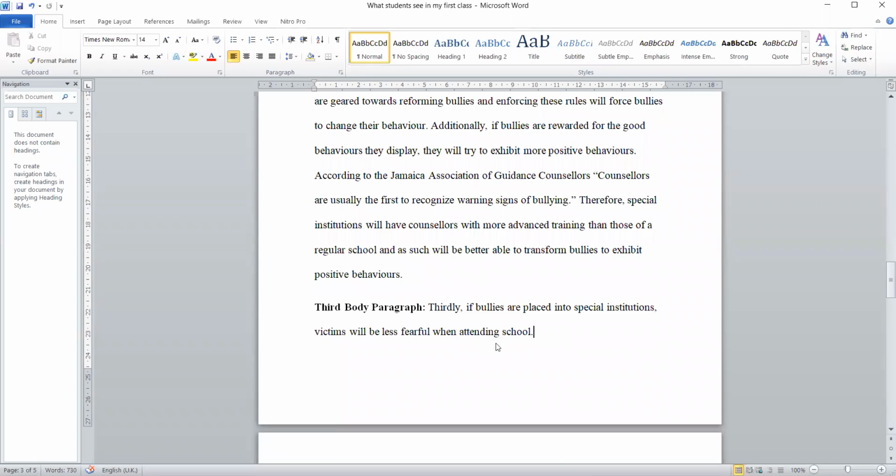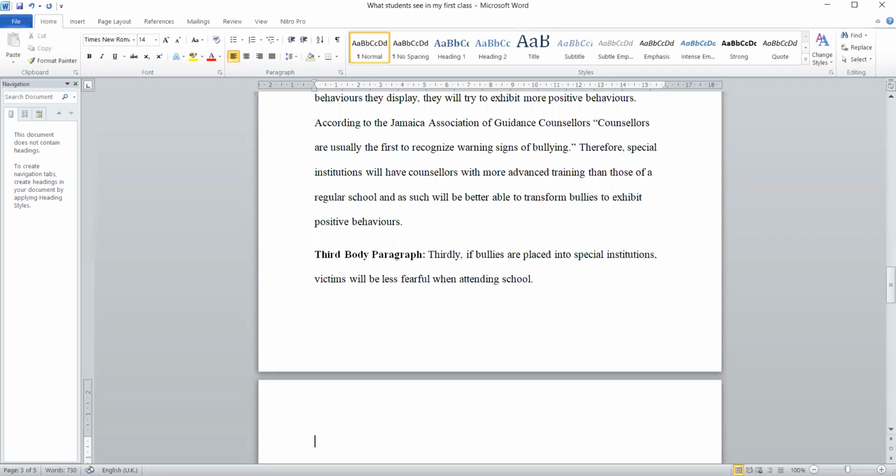So the next thing is to provide examples of how they would be less fearful. Why do you think a victim of bullying would be less fearful if their bully is removed from the school? How can we prove that? Well, since the bully isn't in the school area, they wouldn't have any reason to be fearful.